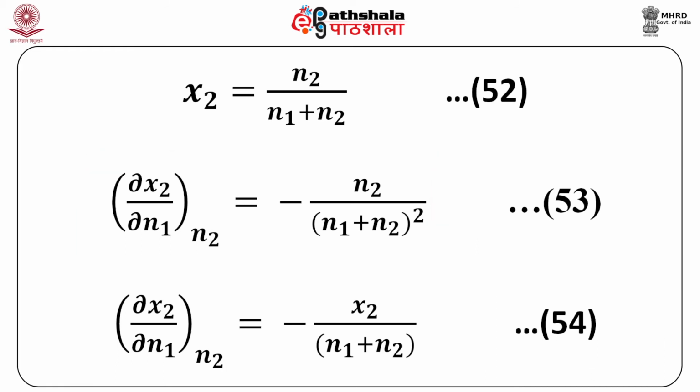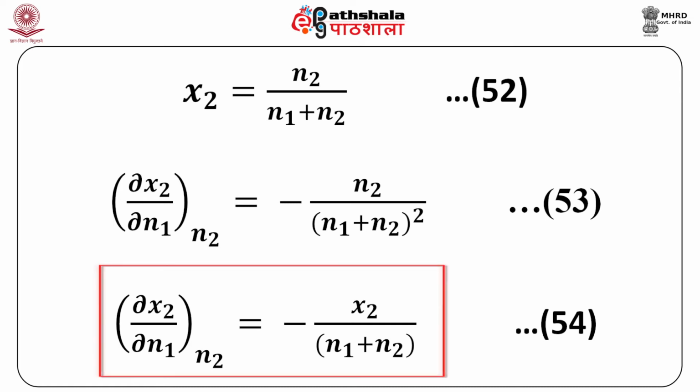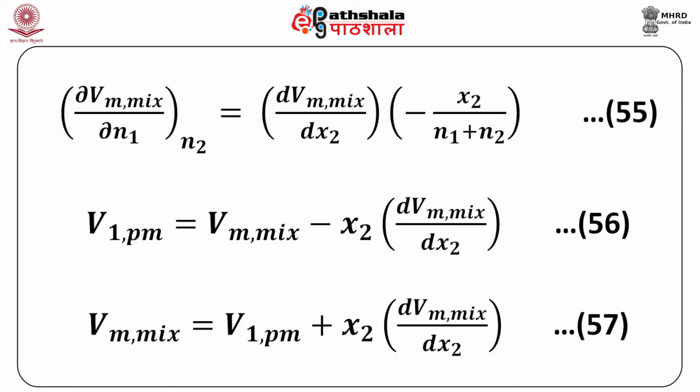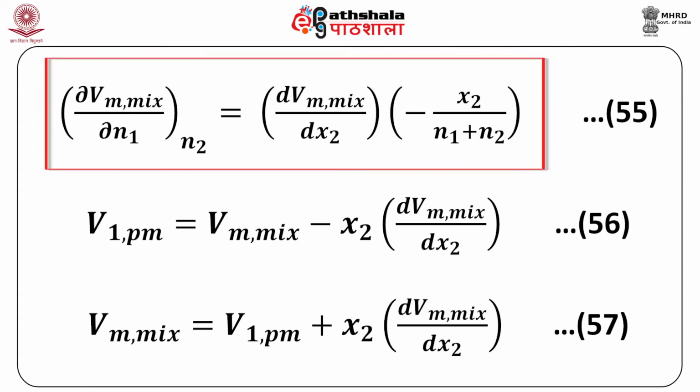Substituting equation 52 in equation 53, we get d by dN1 of Chi2 at constant N2 equals minus Chi2 by N1 plus N2 as our equation 54. Substituting equation 54 in equation 51.1, we get dVm mix by dN1 at constant N2 equals dVm mix by dChi2 into minus Chi2 upon N1 plus N2 as our equation 55.